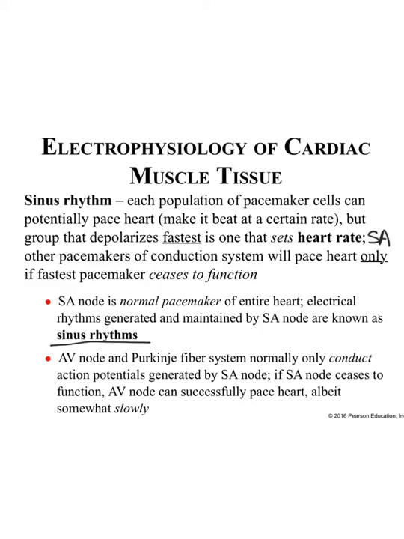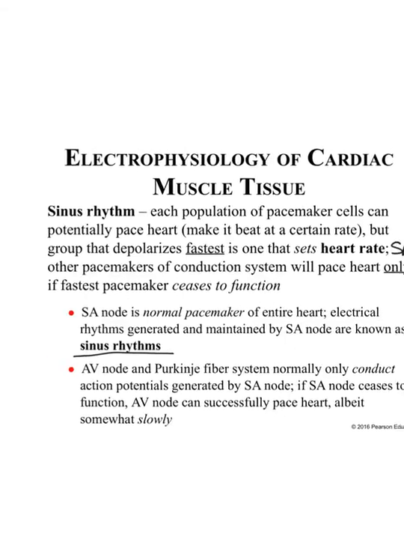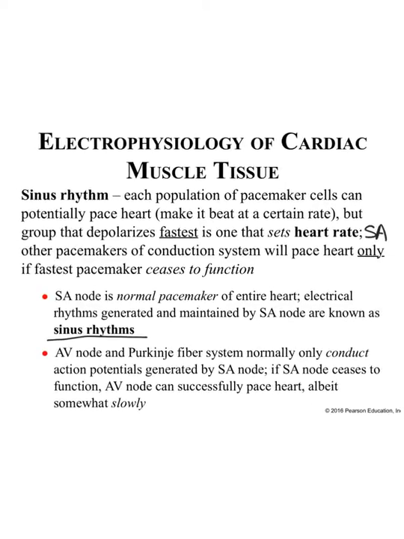The Purkinje fibers, though, are not going to keep a heart rate that is enough to survive. So the AV node is the only one that can actually successfully set the rate of the heart, although it would be slower than with the SA node. The SA node is about 60 beats per minute, and the AV node is about 40, so it is slightly slower.